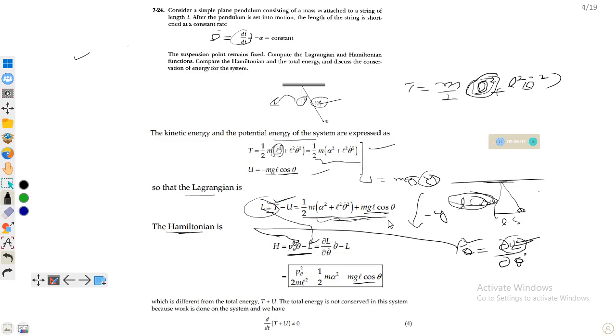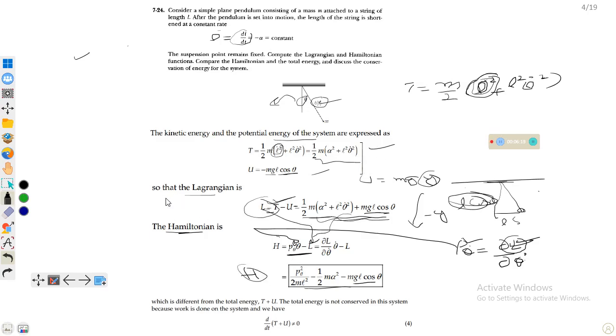Then this will give this whole expression. Now we have to analyze this. This is the Hamiltonian of the system.